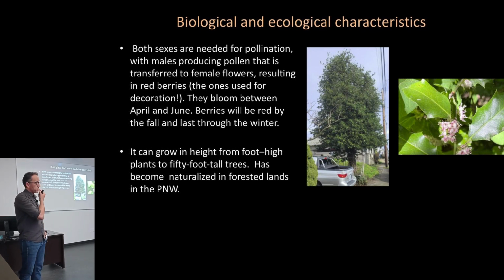So it's a good food resource for some birds, particularly those that rely on English holly for nourishment, especially during the winter season. It can grow from small plants, a few inches tall, to very tall trees of 50 feet. And according to research, it has become naturalized in the Pacific Northwest.